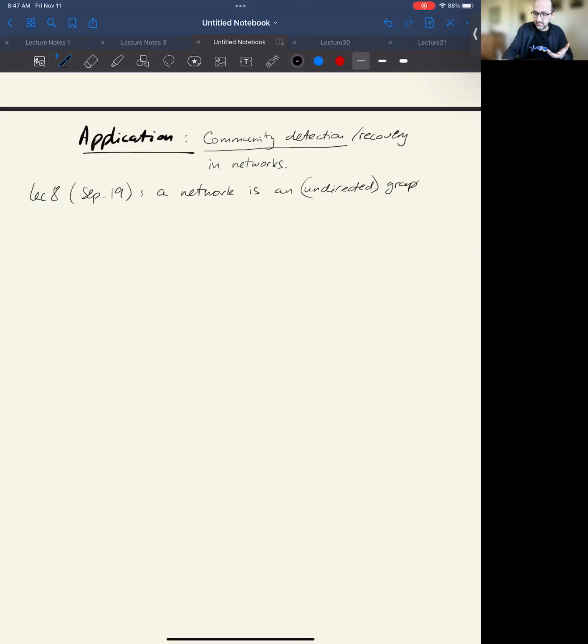Let's call it G. To specify a graph, we need to specify the set of vertices and the set of edges that connect the vertices. So we specify what the vertices are and which pairs of vertices are connected.